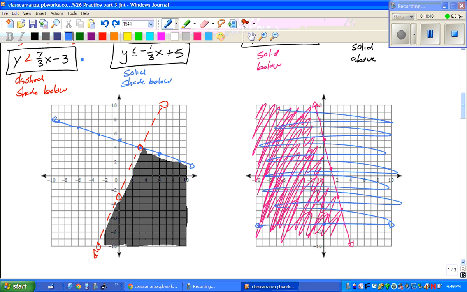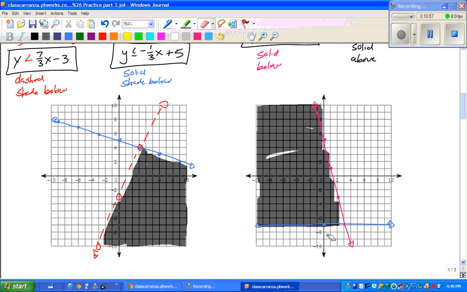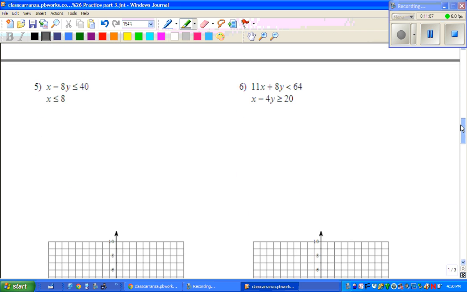So the point that I'm going to shade, though, is right in here, because it's got to be less than the one graph, but greater than the other. Okay, and that's where those two graphs come together. Okay, all right, let's go ahead and flip it over.